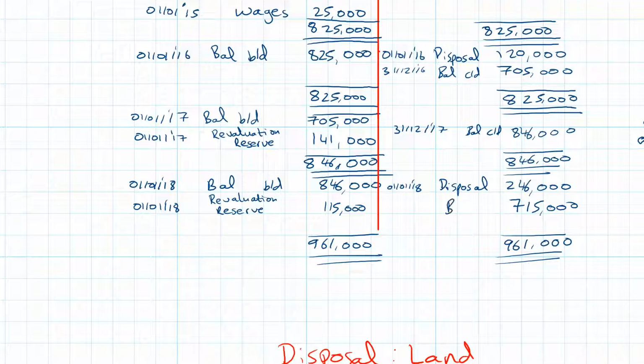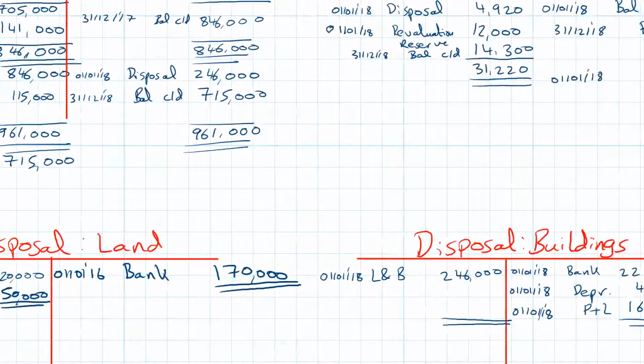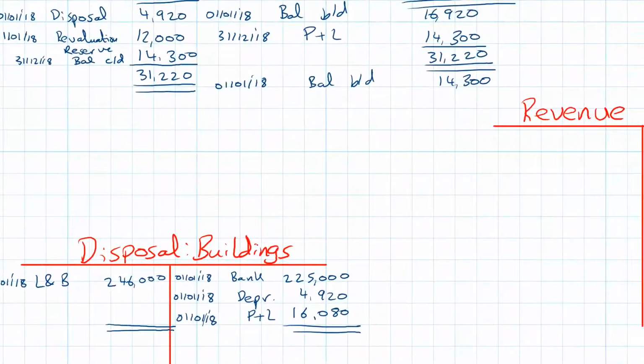So that's our balance called down for the end of the year. Then our opening balance for 2019, balance brought down 715,000. Disposals already balanced. Both disposals are balanced.